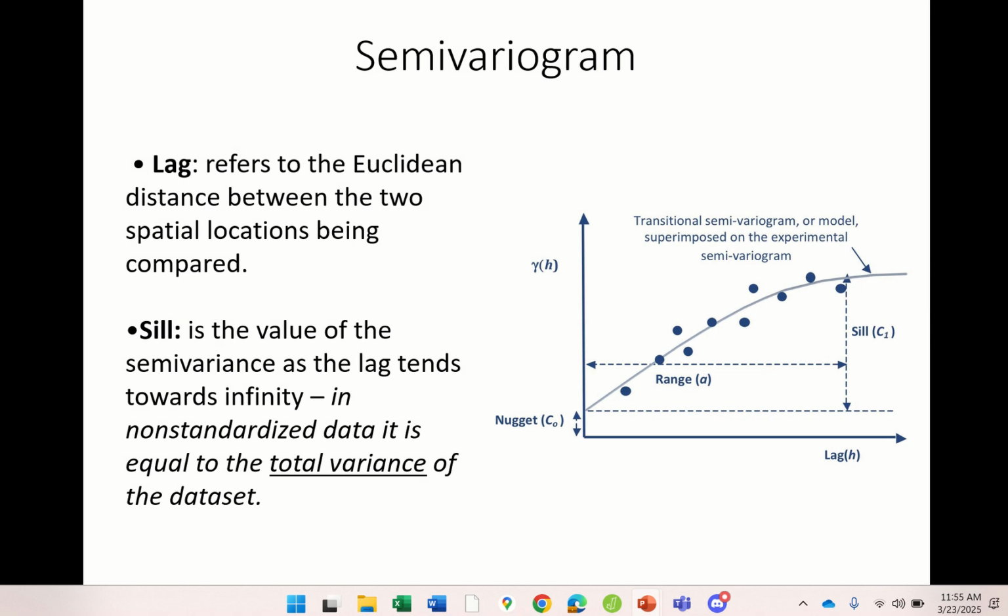So again, the lag basically tells us the Euclidean distance, the straight line distance between two points. And then the sill is the value that you need to get to before you have no autocorrelation between your points. So the sill is the value as the lag tends towards infinity.